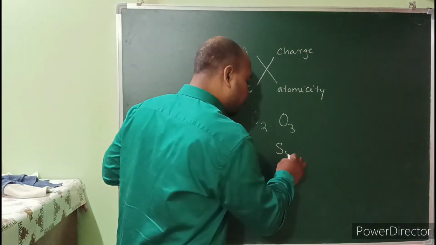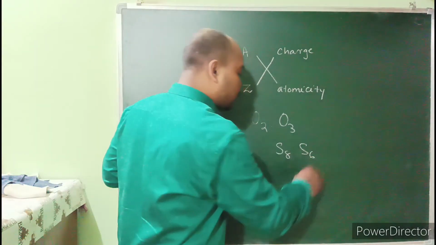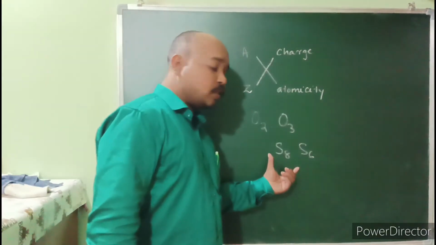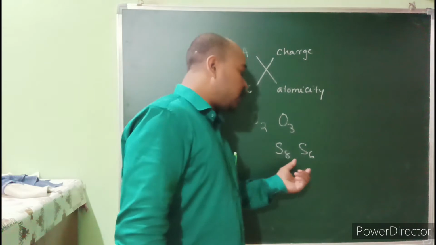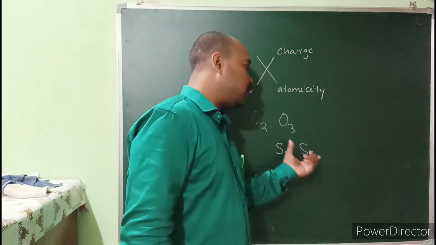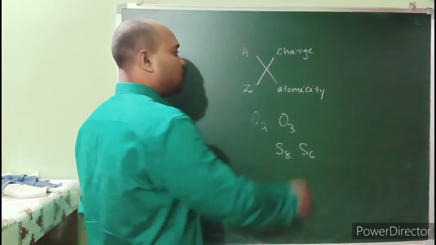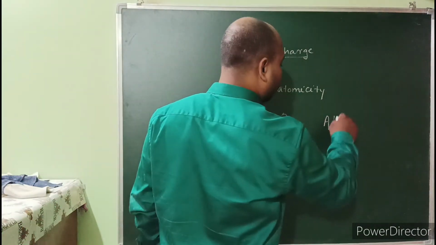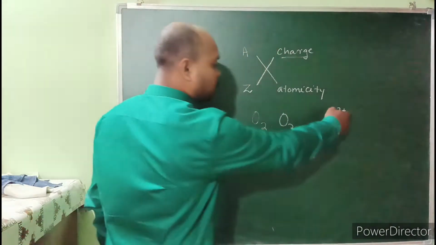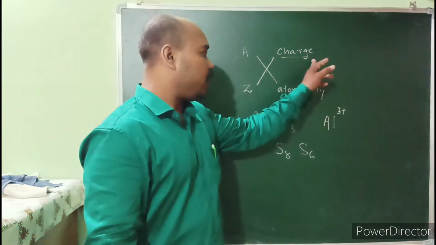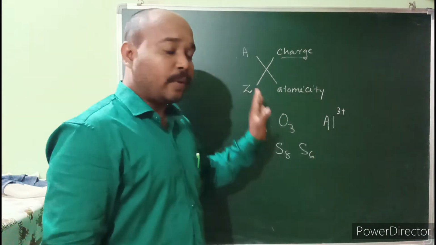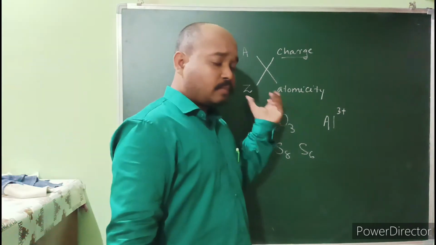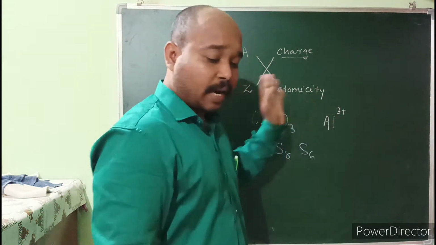Sulfur written as S8 has atomicity 8, and S6 has atomicity 6. This is called atomicity. And the charge may be +2. If I write aluminum 3+, its charge is 3+, which is denoted here. That is the representation of an atom that we will do later on.